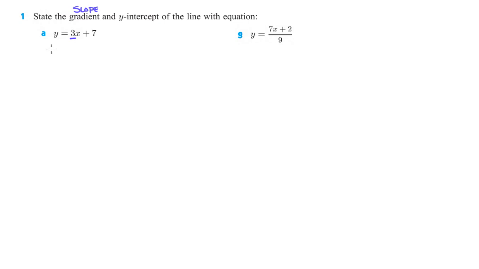So the gradient, and you will often see it written as m for gradient, equals 3, and then the y-intercept is 7. Okay, so for g, the slope is really this: 7x plus 2 are both being divided by 9, so I'm going to look at it like this. So the slope is going to be 7/9, and the y-intercept is going to be 2/9.